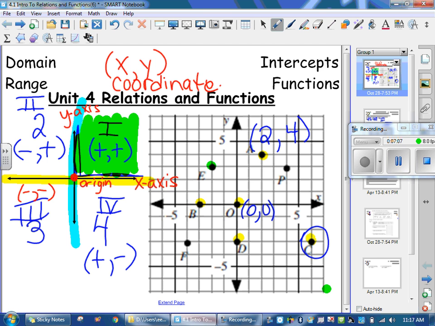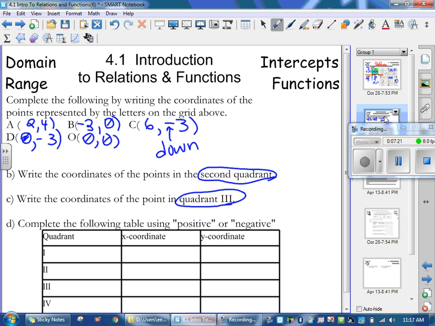That's my point E. So where is point E located? How far left did he go? 2 left, and how far up? 3. Good. So -2, 3. So this guy's at -2, 3. And what letter does he have? What point is he? Letter E. Okay, that was location for letter E.